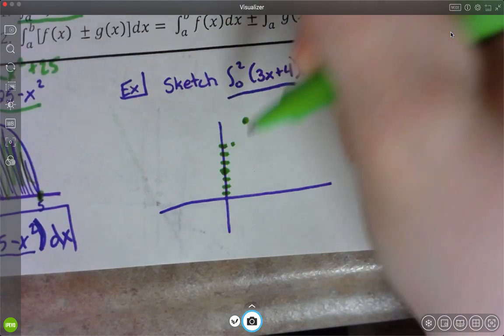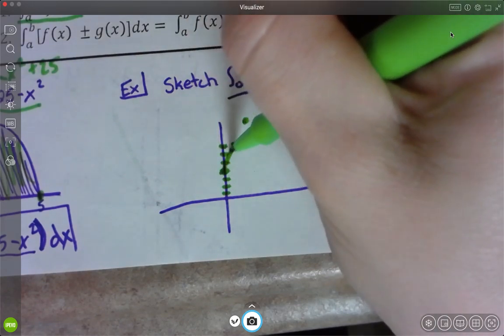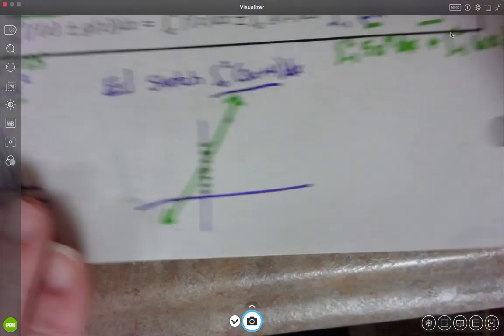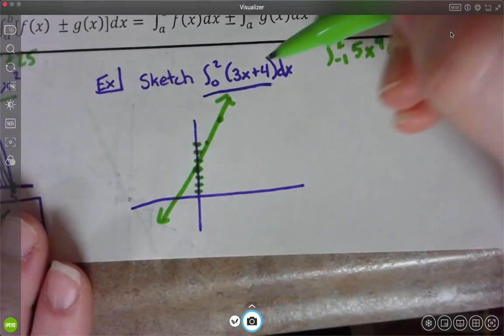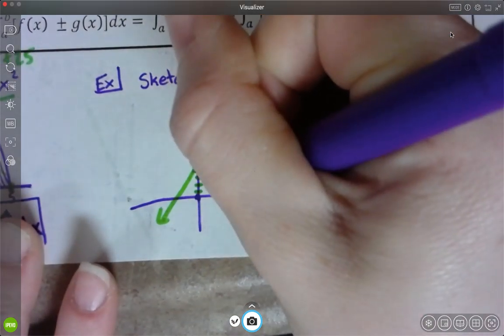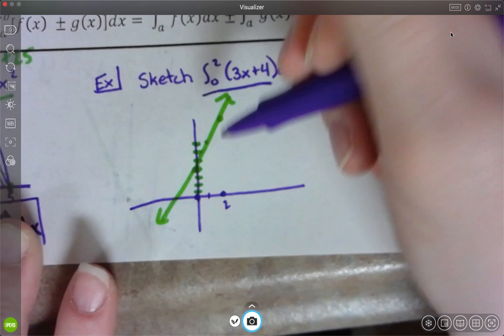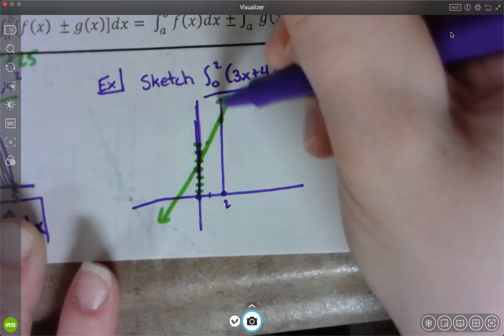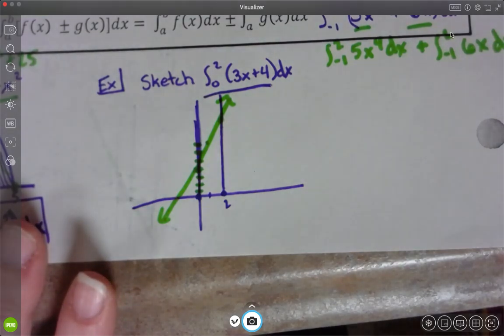Okay, and this is the graph of my line, and what I want to do is find the area of that from 0 to 2 on the x-axis. So 0 is here, 2 on the x-axis is about there. Okay, and basically I'm sectioning it off, and I'm trying to find the area. Okay, now which area is going to be shaded?